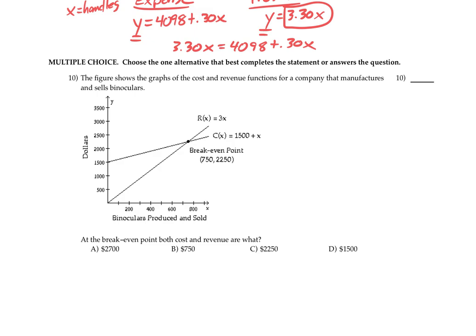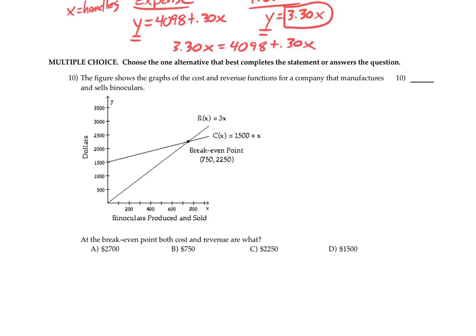We're going to make binoculars, we're going to sell binoculars. So X is going to represent the number of binoculars that we make and sell, and then y is going to represent how much money it's going to take to produce those, and then also how much money am I making. Okay, so the revenue is 3x, the cost is 1,500 plus x.